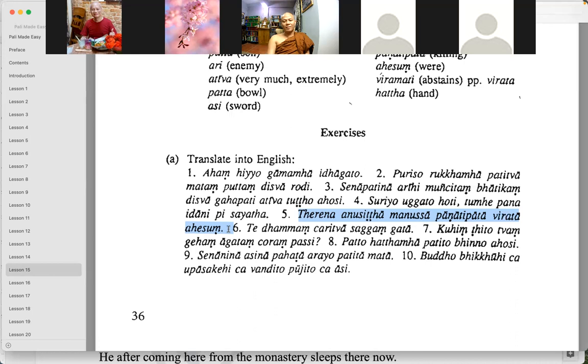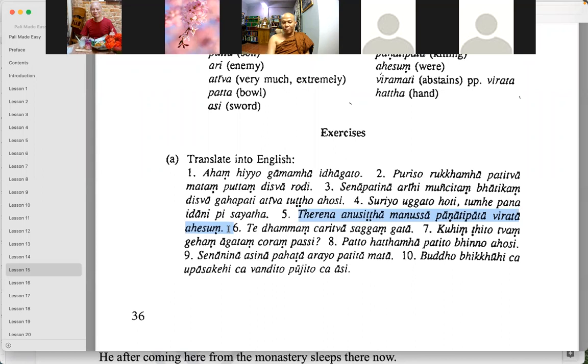It means was advised. Panatipata is killing. Virata is the past participle of viramati, abstaining from. Ahesum I translate as a verb. So in English: people were advised by the elderly monk, being abstained from killing living beings.